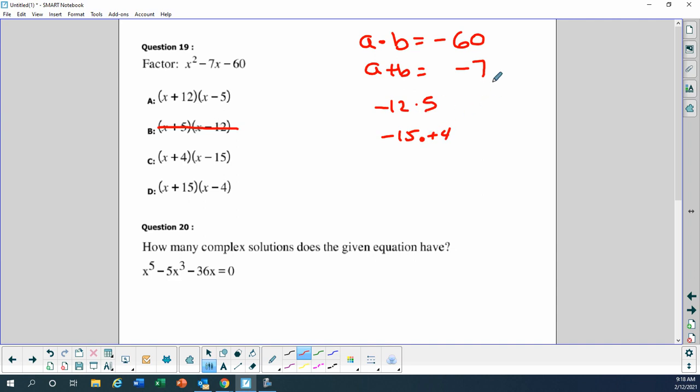You want to get negative 7 out of this. Negative 15 plus 4 gives you negative 11. Negative 12 plus 5 gives you negative 7. So the answer, easily you can see it, is that one.